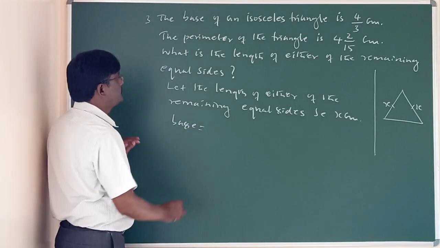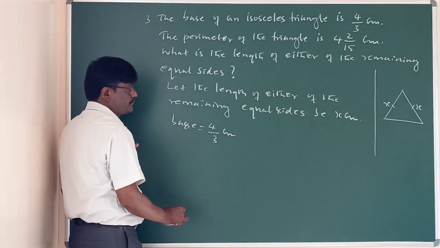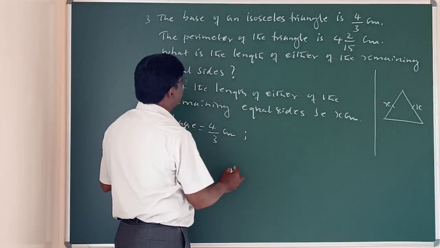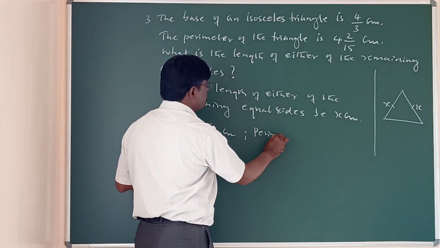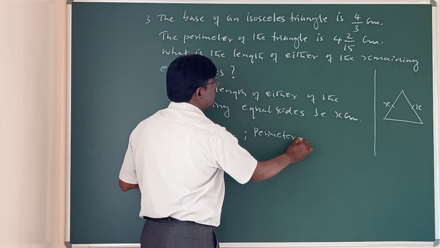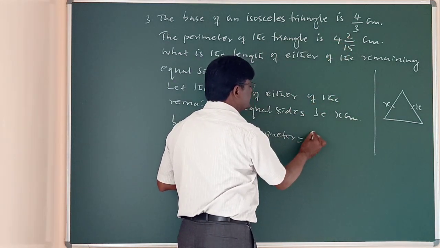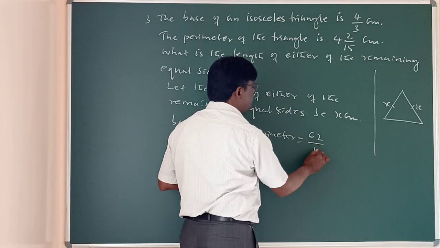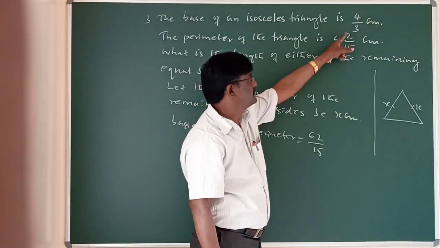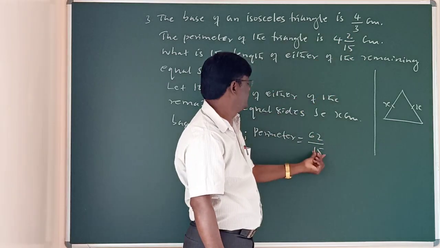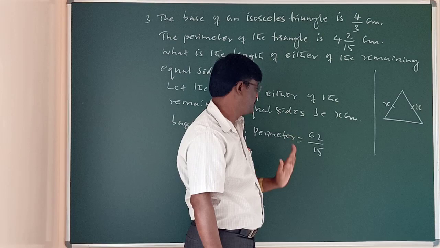The base of an isosceles triangle is 4 by 3 centimeter, and the perimeter is given as 4 2 by 15, which is nothing but 62 by 15. Got it? 15 fours are 60, 60 plus 2, 62 by 15. The mixed fraction is converted into an improper fraction.